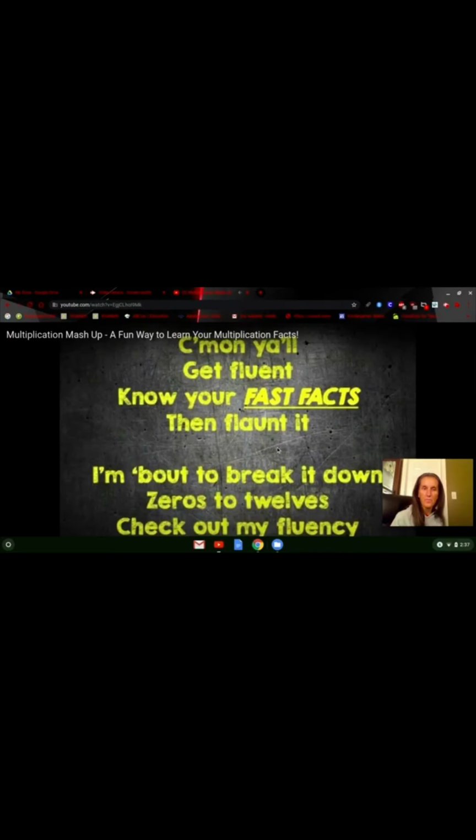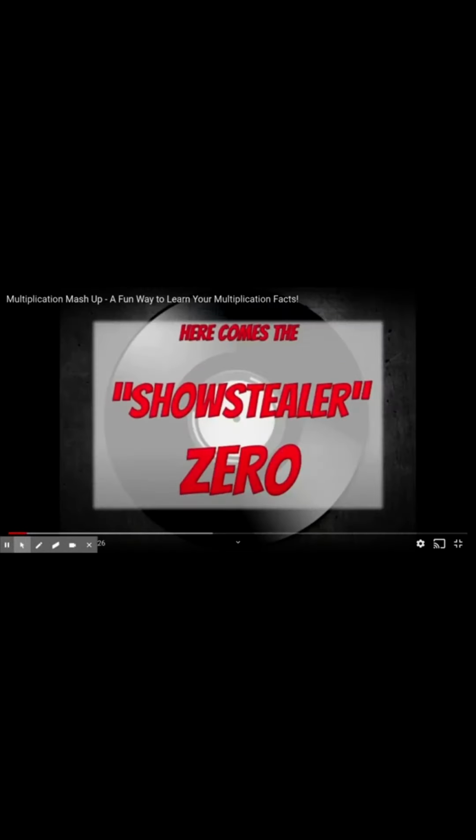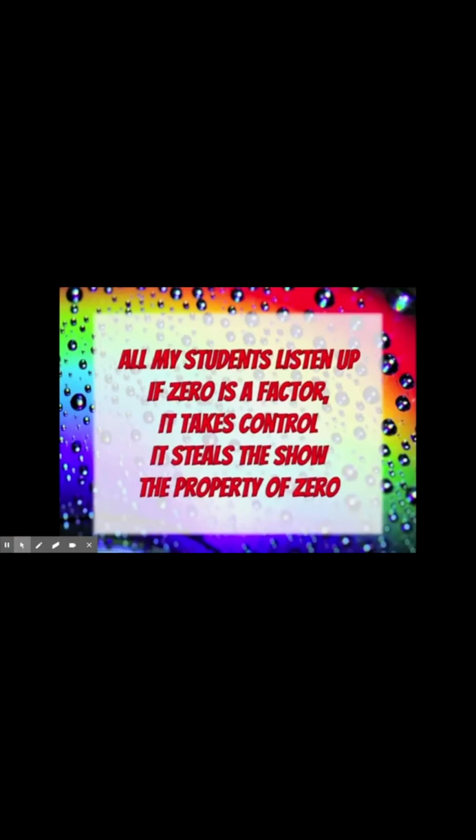Come on, y'all, get fluid. Now you're fast, then flaunt it. I'm about to break it down. 0s to 12. Check out my fluency. Let's go. All my students, listen up. If 0 is a factor, it takes control, it steals the show, the property of 0.